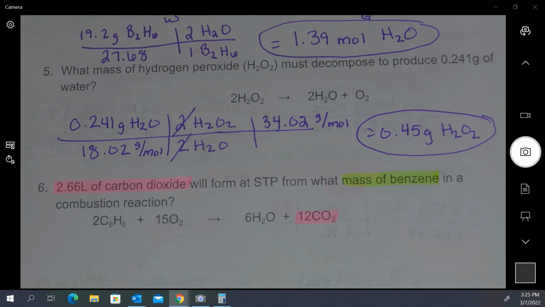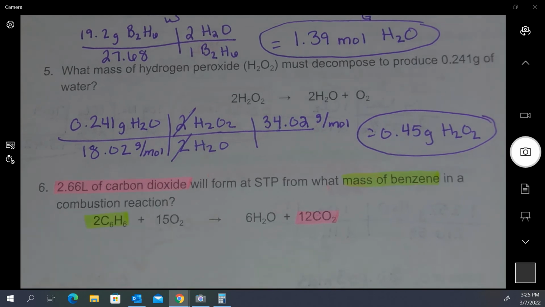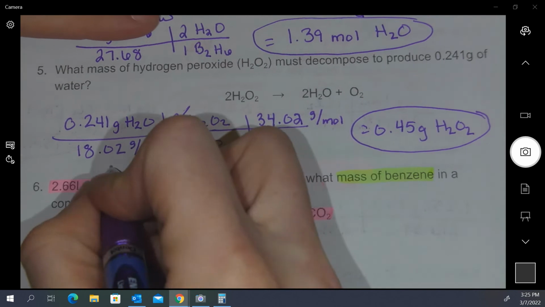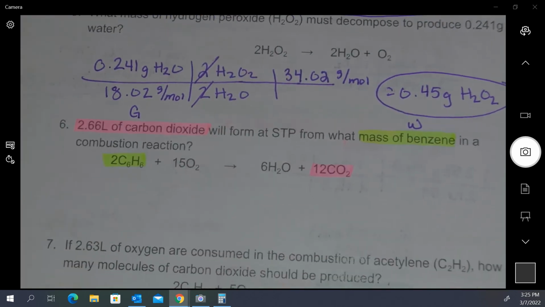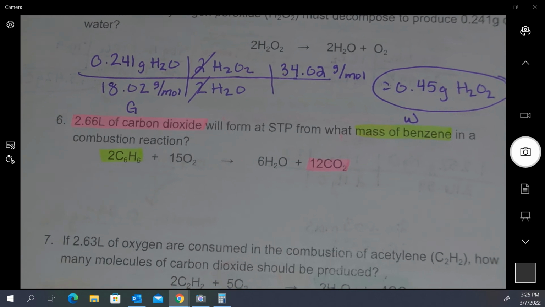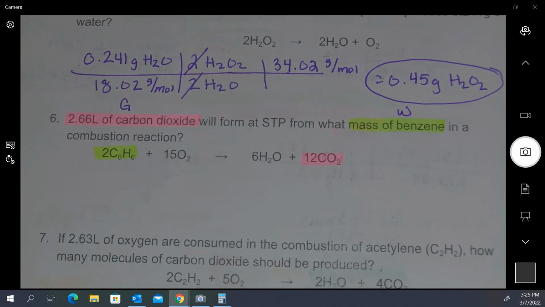So mass of benzene is what we're solving for, and that's that C6H6. My given is 2.66 liters of carbon dioxide. My want is benzene. Go ahead and fill in your train tracks for this one to start.